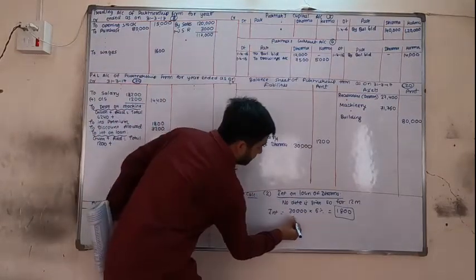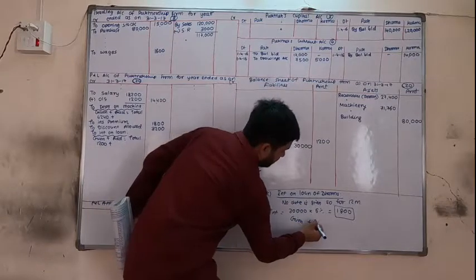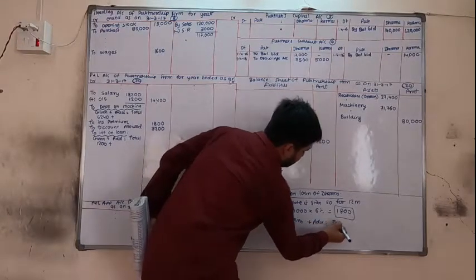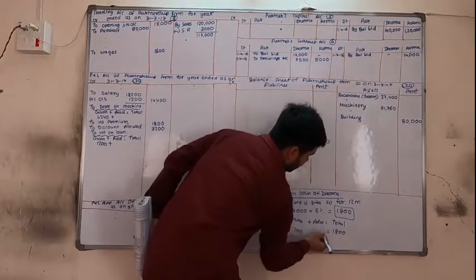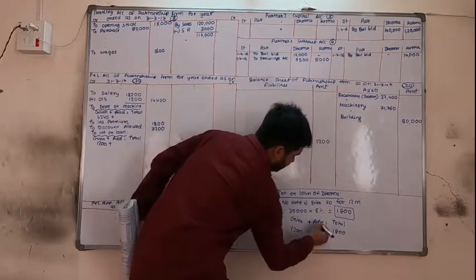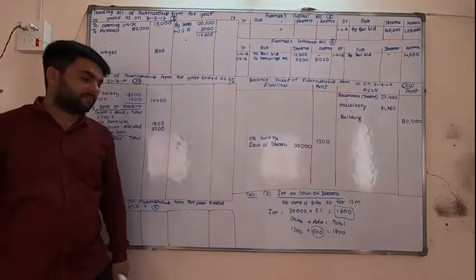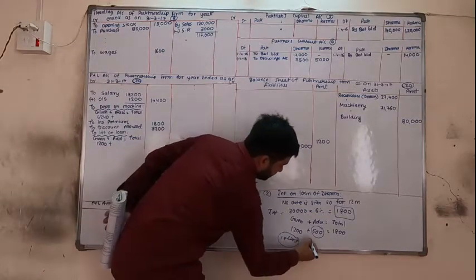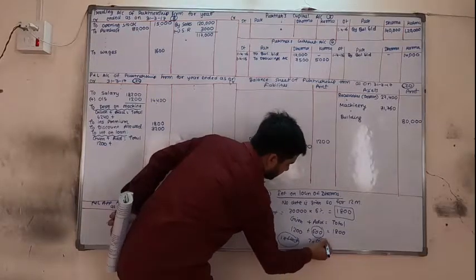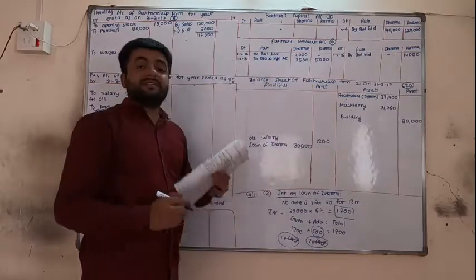Now do this thing only: given plus additional is equal to total. Given is 1200, total interest is 1800, so what is the additional? 600. Now as you know, given has only one effect and additional has two effects.